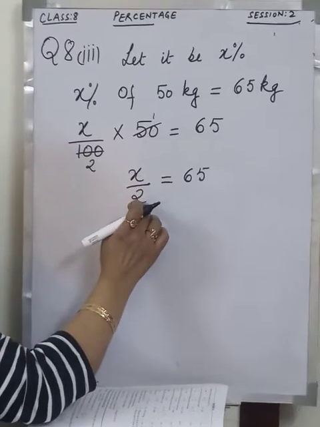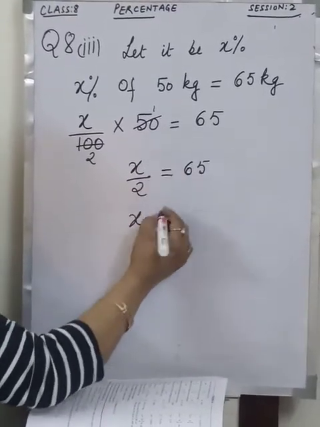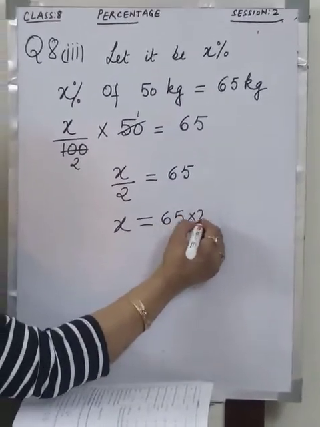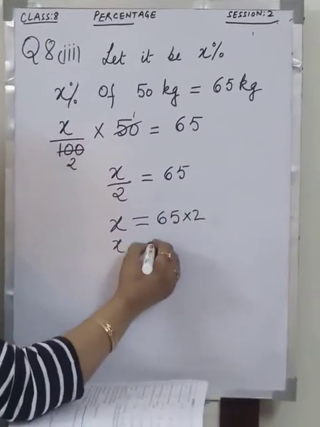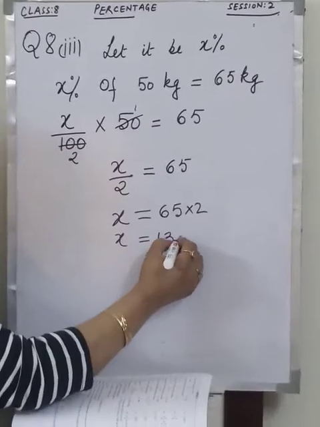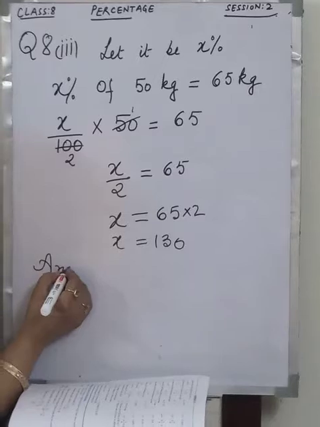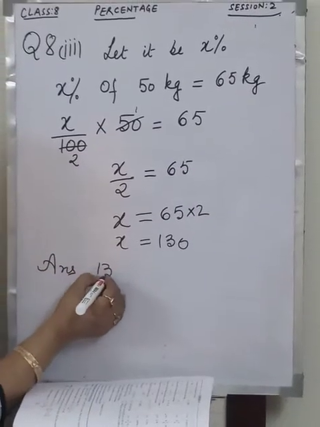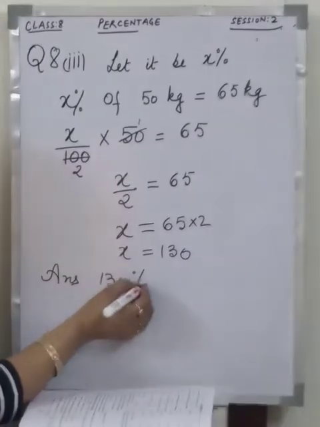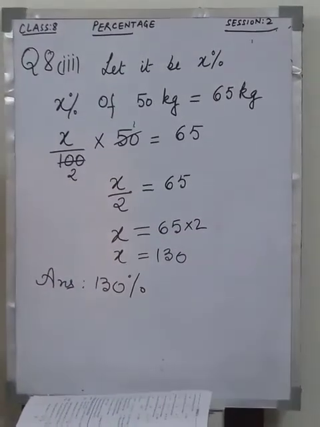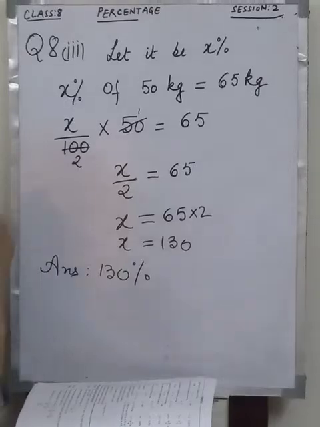Whenever we transpose to the other side, division becomes multiplication. So 65 into 2, that is 130. The answer is 130%. They ask for what percent, so it is 130%. Got it, children? I do the next part for you.